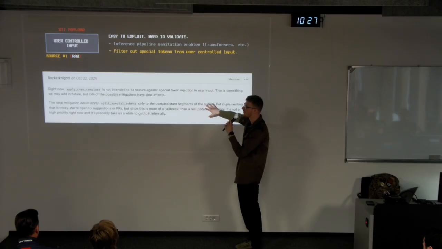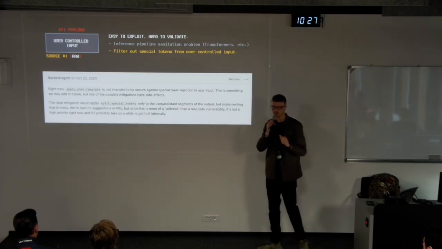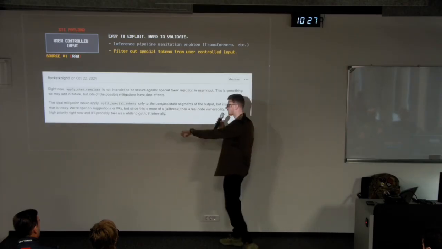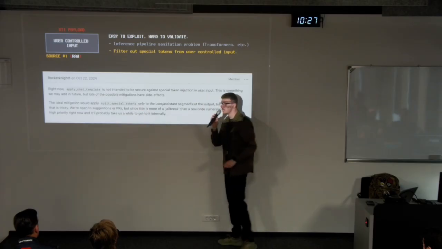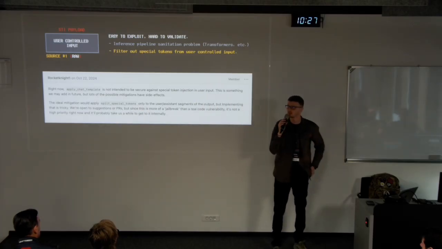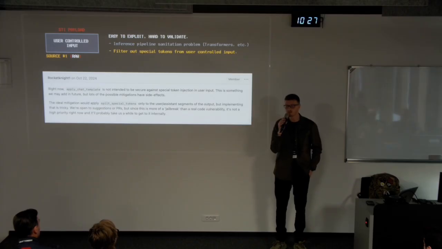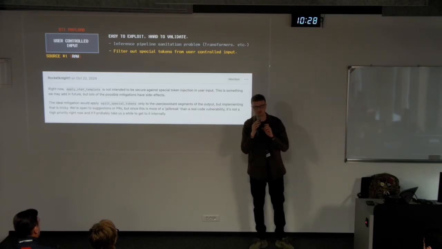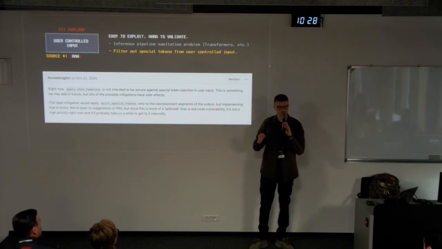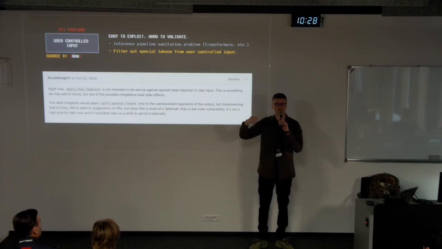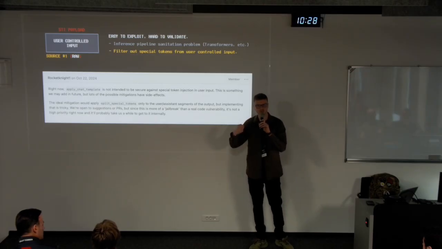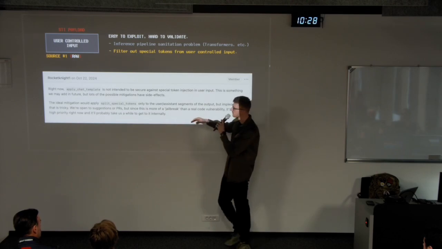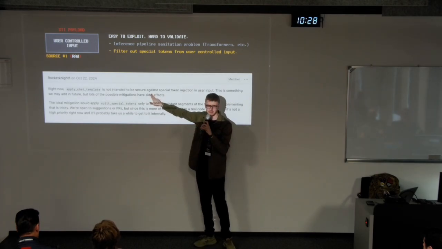This is an issue from Hugging Face, where through the means of apply chat template and split special tokens, they claim that this vulnerability is fixed. However, marking this particular argument, split special tokens, as true to prevent users from injecting special tokens in user input can have side effects, as the Hugging Face team have mentioned.